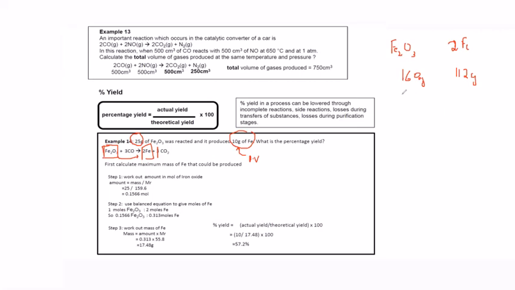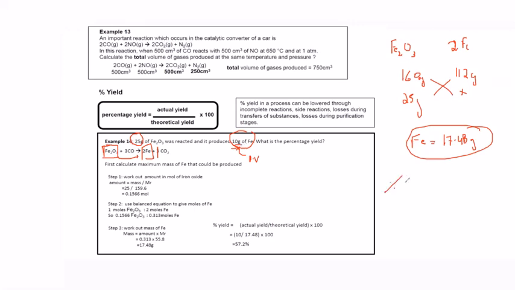But if we have 25 grams of iron oxide, how much iron should be there? X. Cross multiply. So when you cross multiply, you should get 17.48 grams of iron. So theory, according to the equation, suggests you should get 17.48 grams of iron. But practically, you're not getting 17, you're only getting 10.